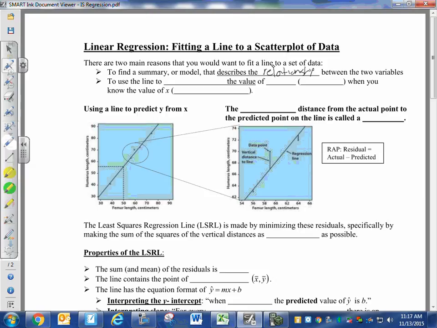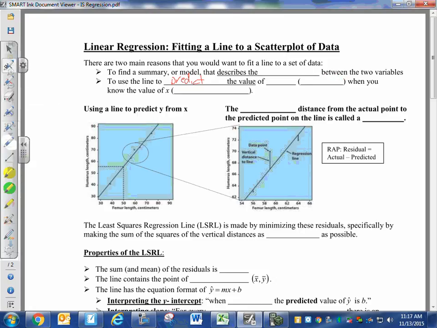To use the line to predict the value of y if you know the value of x, or the other way around. Predict the value of x, which is the explanatory, given the value of y, which is the response. Sorry, I'm all off.